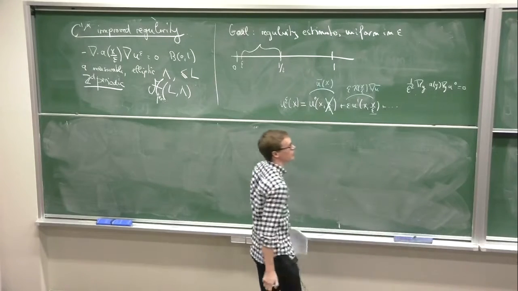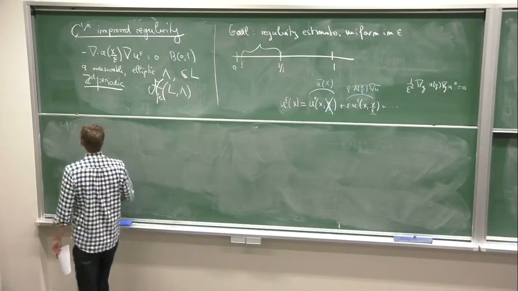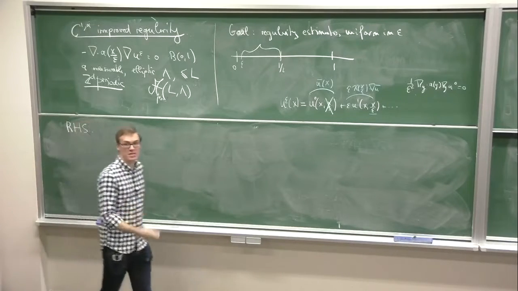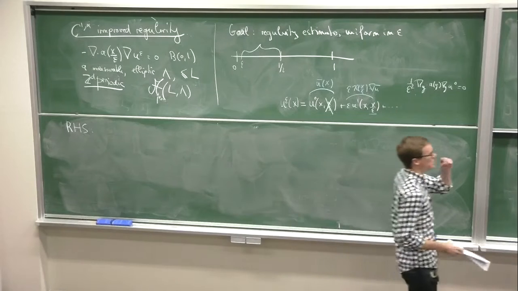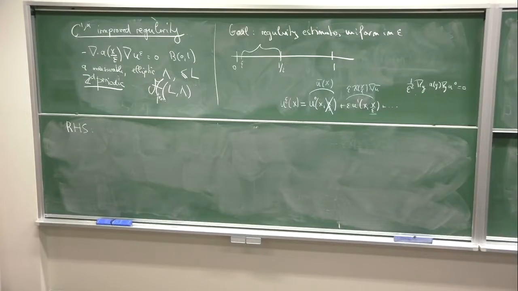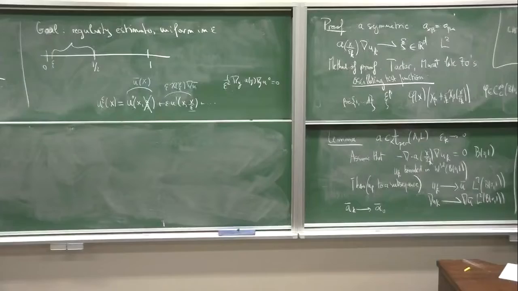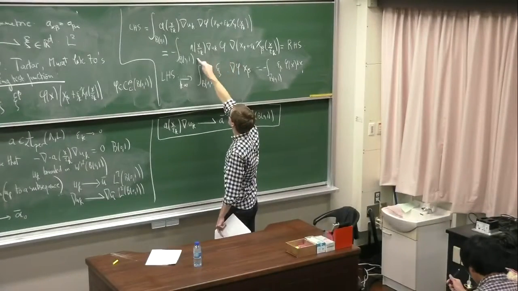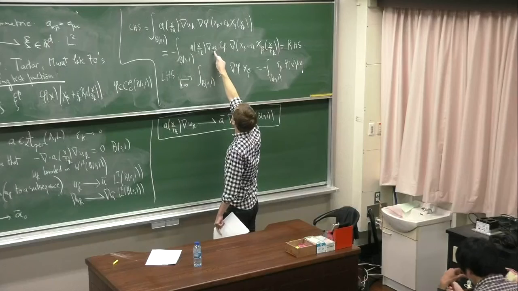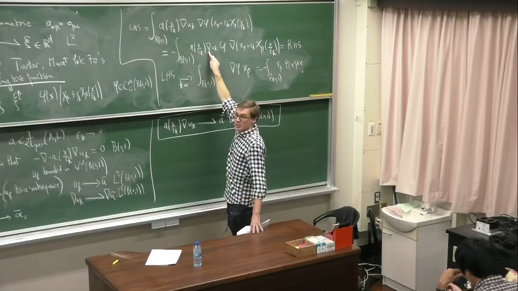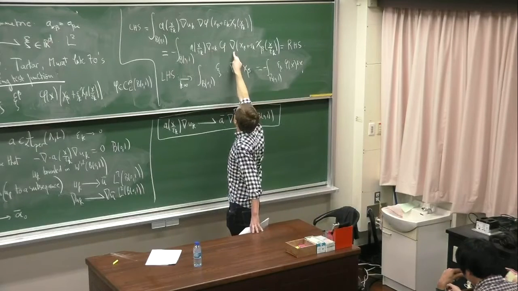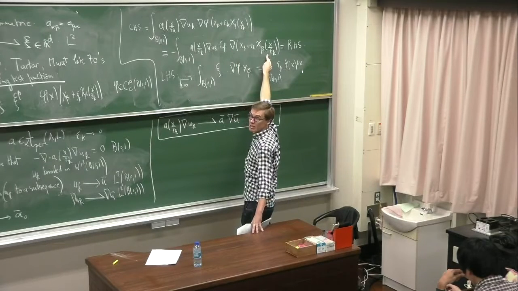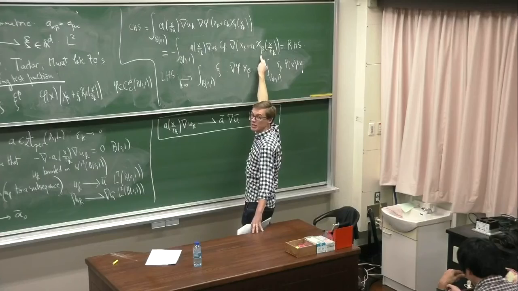Okay, so now for the right-hand side, I integrate by parts once more. And so I will first put the A on the gradient. So this is where I use symmetry. And I integrate by parts once more. And this is where I want to use that this function is A harmonic, is a solution of the equation.